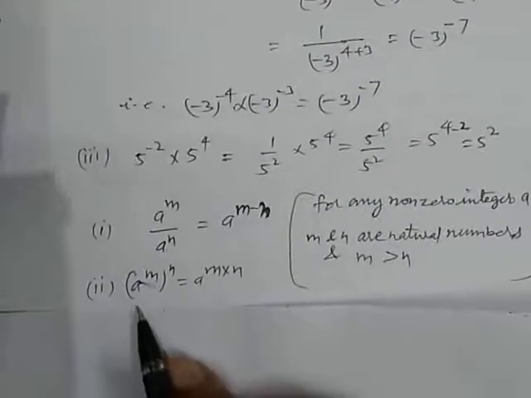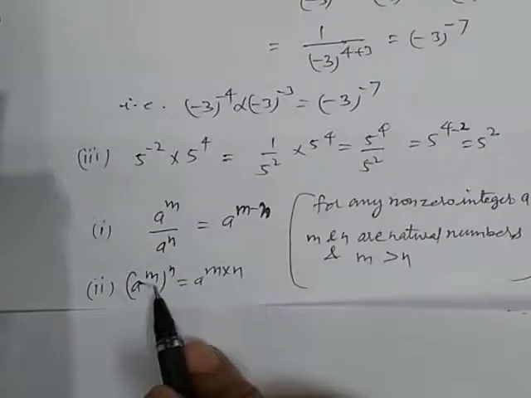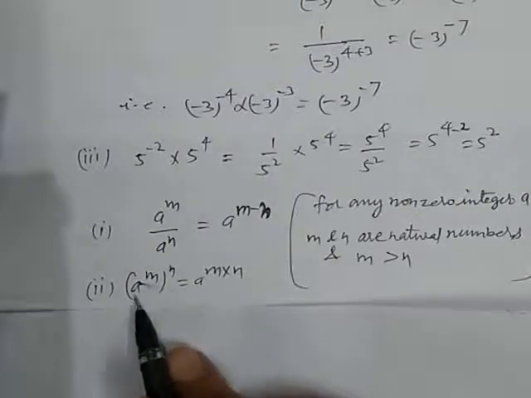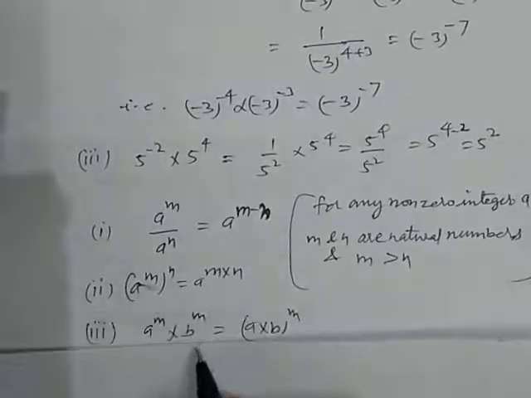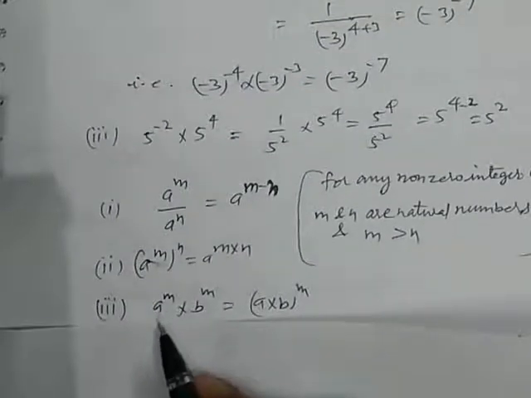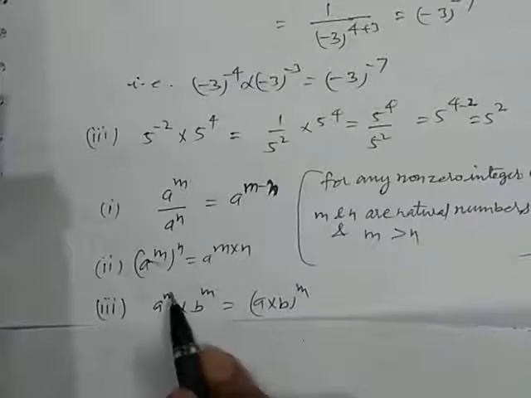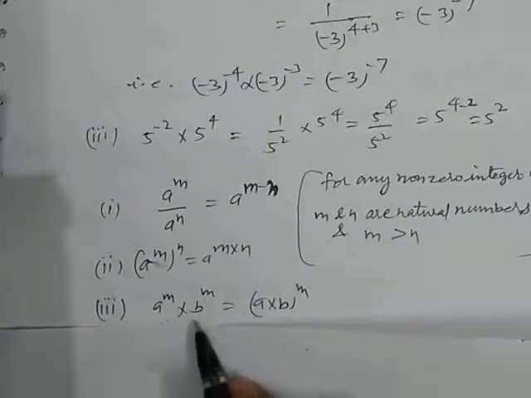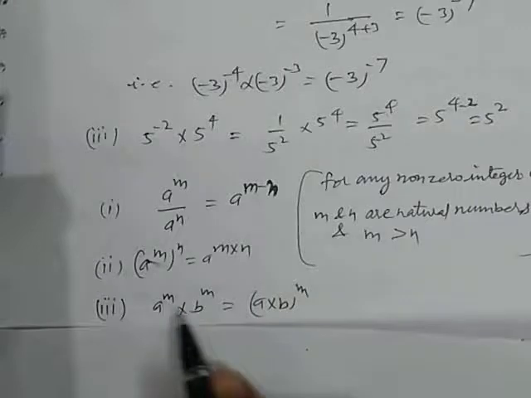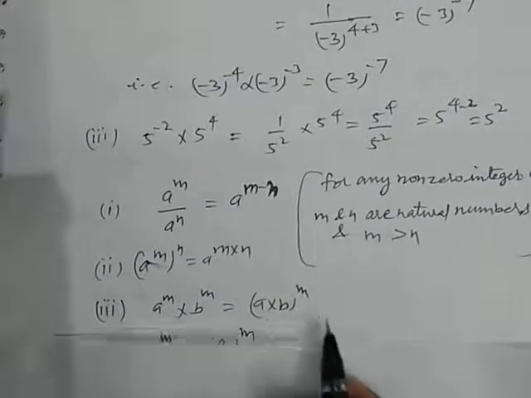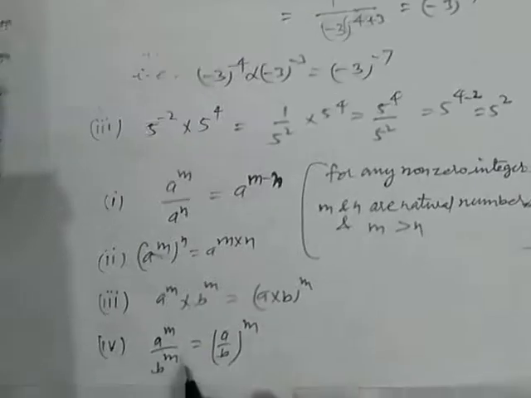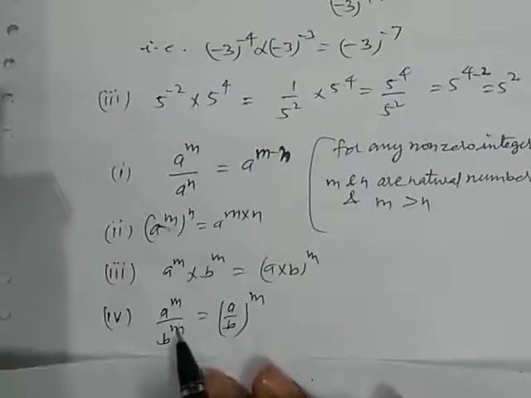Now the next rule, a raised to the power m whole power n. In this case, the powers are multiplied. Now, if the bases are not same, a raised to the power m into b raised to the power m, in that case, we multiply the bases and the power is common as a whole power. Now, a raised to the power m upon b raised to the power m.